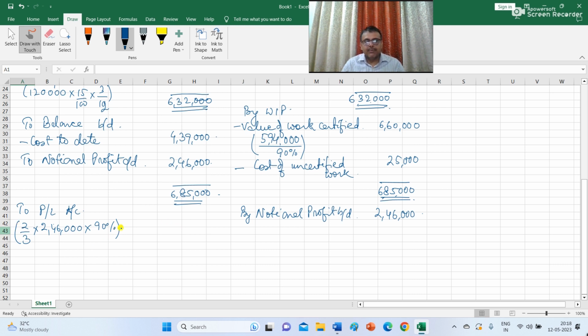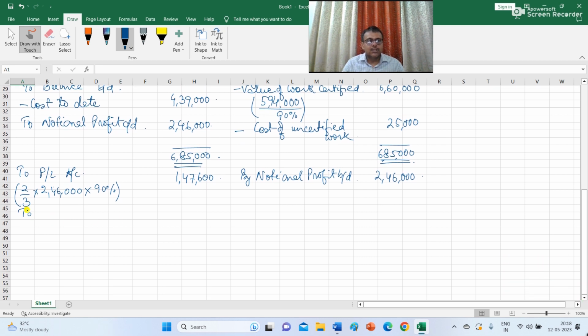So the amount that will be credited to profit and loss account is 1,47,600. And the balancing figure will be taken to provision as to WIP, and I have to write it here as provision. And the balancing figure is for rupees 98,400. So total of debit and credit side is 2,46,000, and this is the third part of contract account.